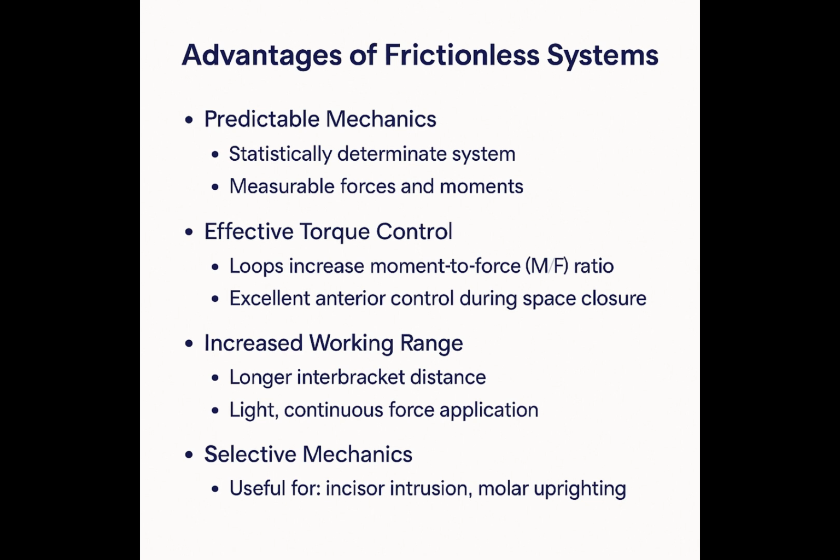Advantages of frictionless systems. Frictionless systems offer several key advantages. Predictable mechanics. Because friction is eliminated, the force system becomes statically determinate, meaning the forces and moments are measurable and predictable. This allows for precise control over tooth movement. Effective torque control.